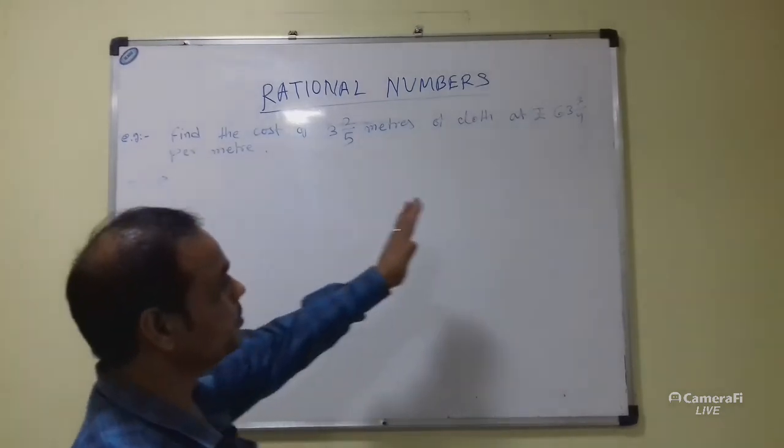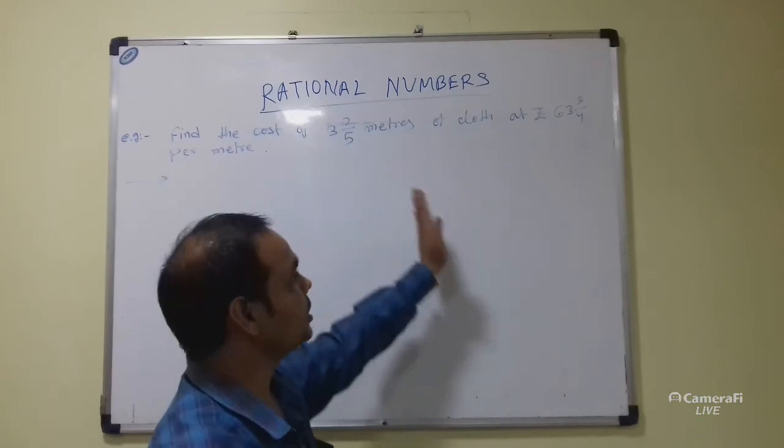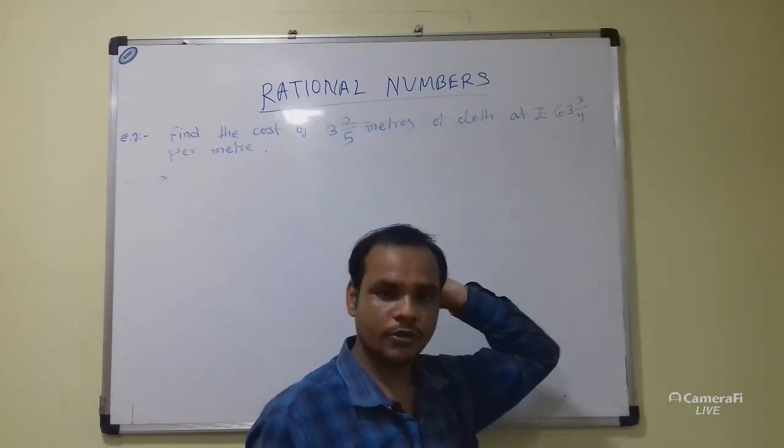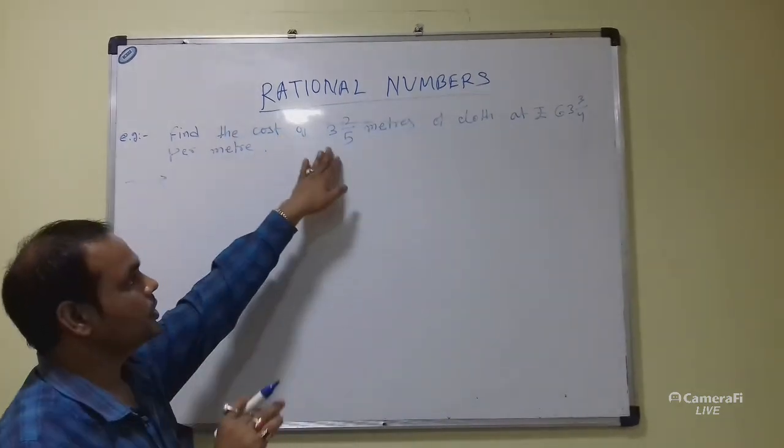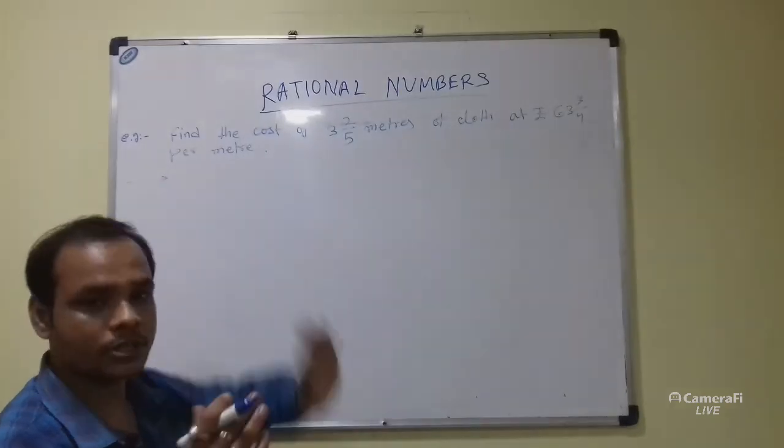So per meter means the cost of 1 meter of cloth is 63 whole 3 by 4 rupees. So we have to find now the cost of 3 whole 2 by 5 meters of cloth.